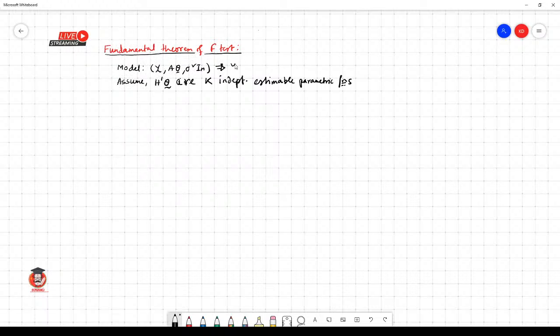This means y follows an n-dimensional multivariate normal distribution, with this mean vector and this dispersion matrix. And we already know that this is the sum of squares due to error. I denote this by SSE, which is obtained by minimizing this part with respect to theta.